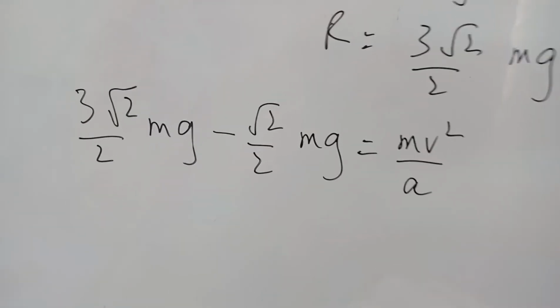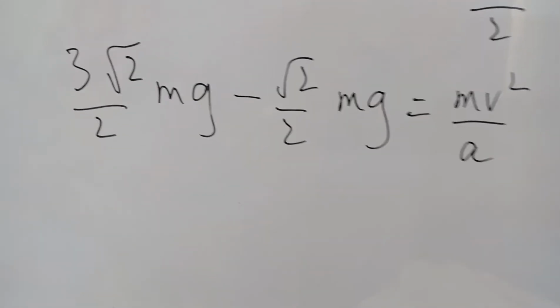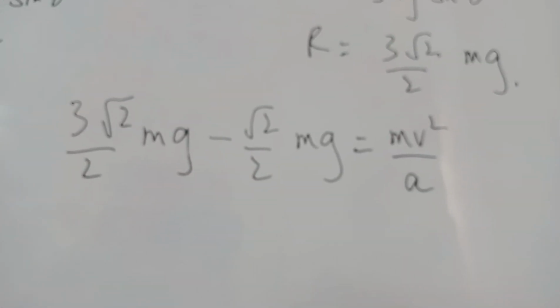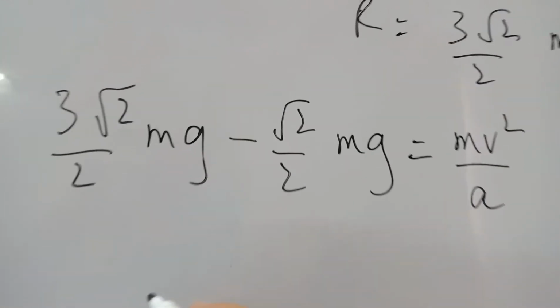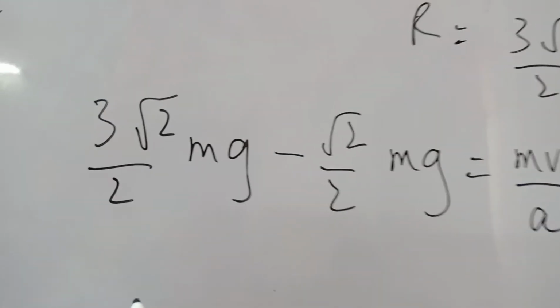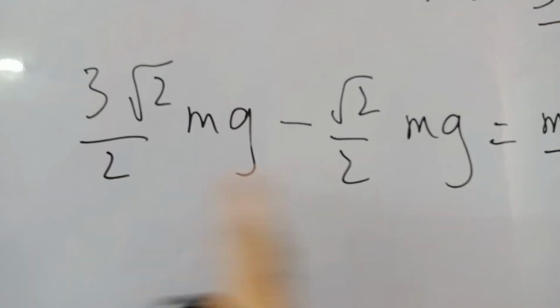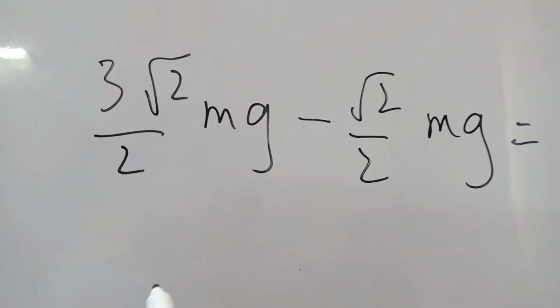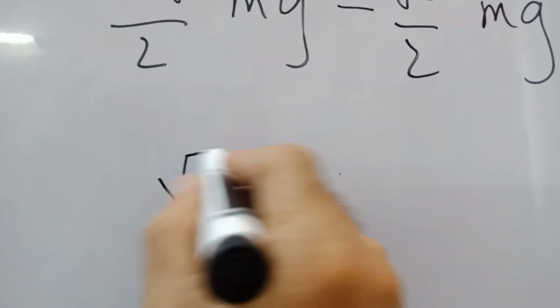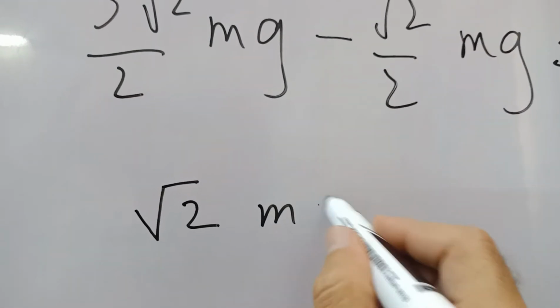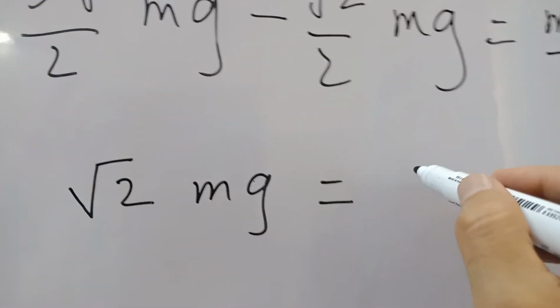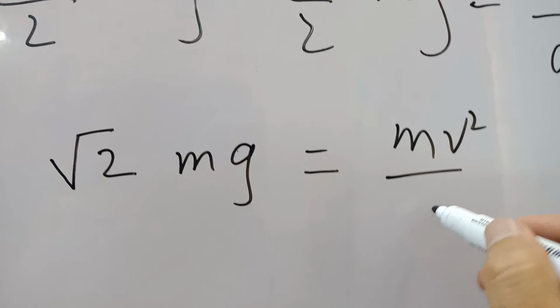When I simplify this, I will have root 2 mg equal to mv squared over a.